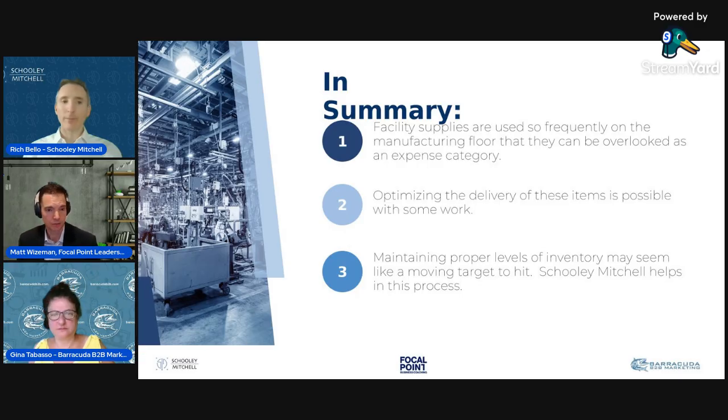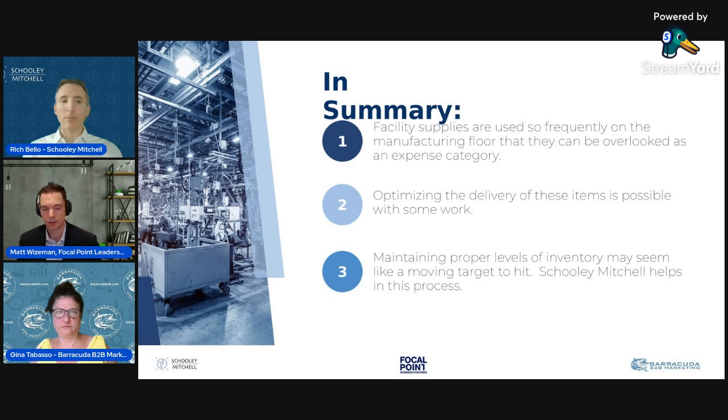But then you hit on storing that additional inventory as a factor to consider. The other one is having more cash tied up in the form of inventory, right? So okay, it looks great to get a lower per unit cost by going up from, say, an order quantity of 10 to an order quantity of 50, but now you've got that much more cash sitting in inventory that could be deployed for other, potentially more valuable uses.